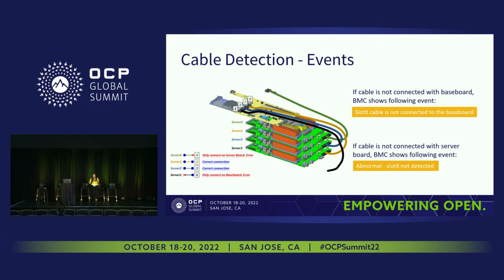Next one is if the cable is not connected with the base board, as you can see the green cables, BMC shows that slot 4 cable is not connected to the base board. And if the cable is not connected with the server board, as you can see the black cable, BMC shows an abnormal event that slot 1 not detected.